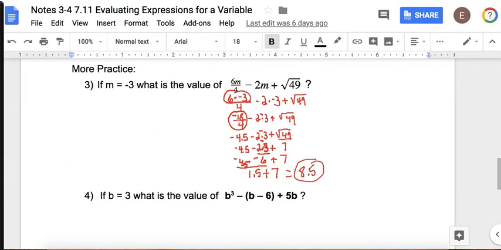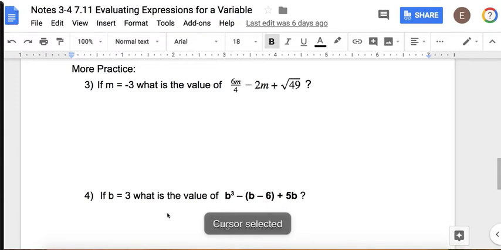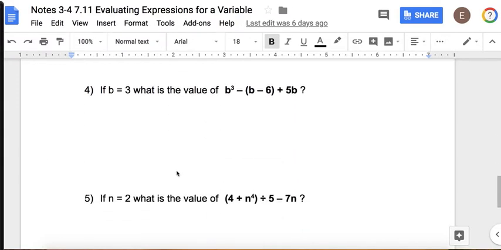Okay, let's look at number 4. If b equals 3, what is the value of b cubed minus parentheses b minus 6 plus 5 times b? So we're going to take out all the b's and put 3. So 3 cubed minus 3 minus 6 in parentheses plus 5 times 3.